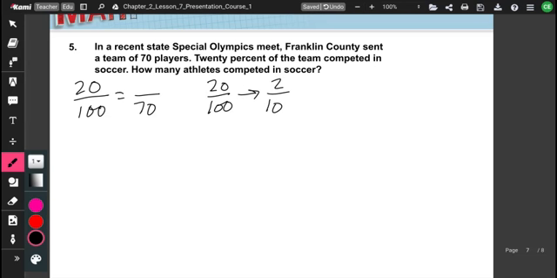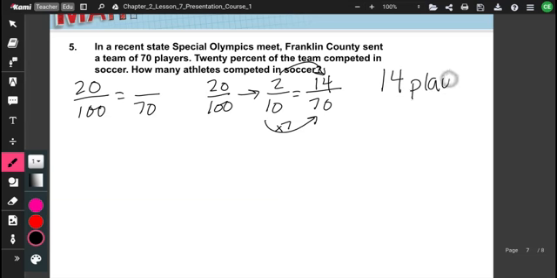I'm going to leave it like that for now because I know that 10 times 7 is 70, so I don't want to simplify it more and then have to multiply by a bigger number. So 10 to 70 is multiplied by 7. Same thing on top, which will give us 14. There were 14 players.